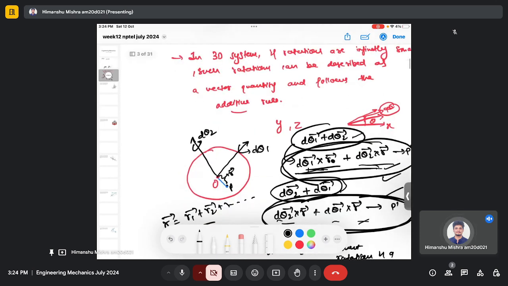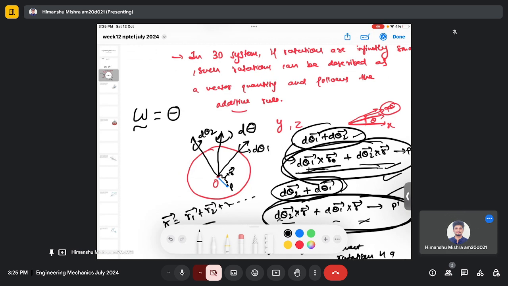Now let's say this body is actually moving with some d theta. Then what should be the angular velocity? So omega equals d theta dot. So this d theta will be omega.